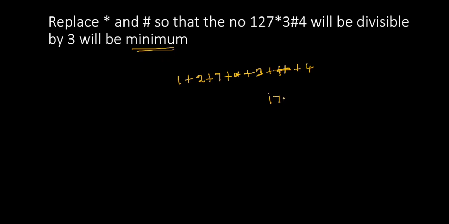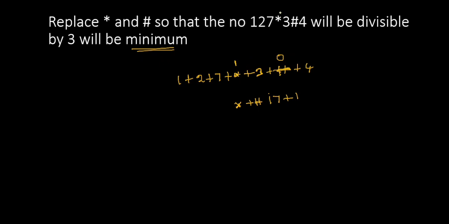Okay. Now, we have to replace the star here, star is on the left side, and we have to replace hash also, hash is on the right side. Now, if we add 1 to it, it will become 18. So, now when we replace this star by 1 and this hash by 0, this number will be a maximum number, am I right?